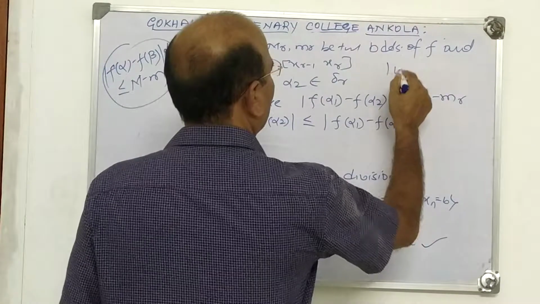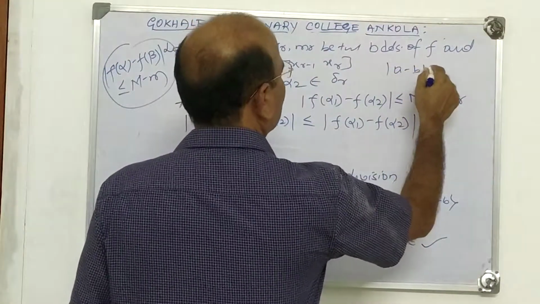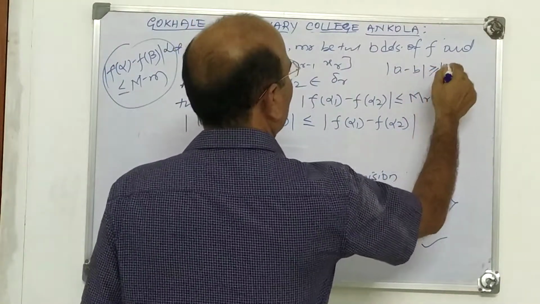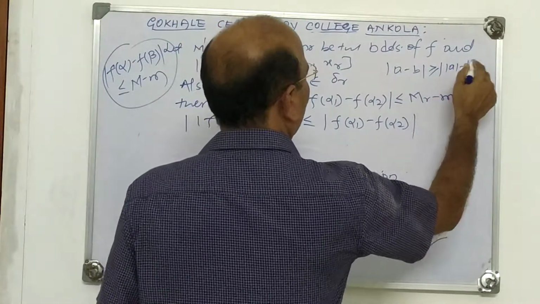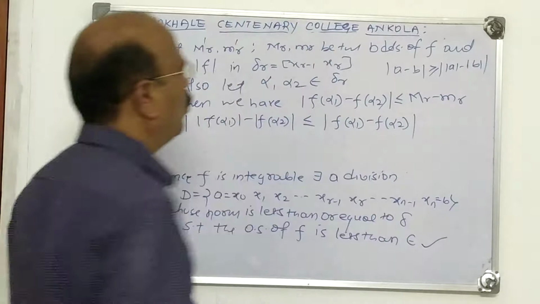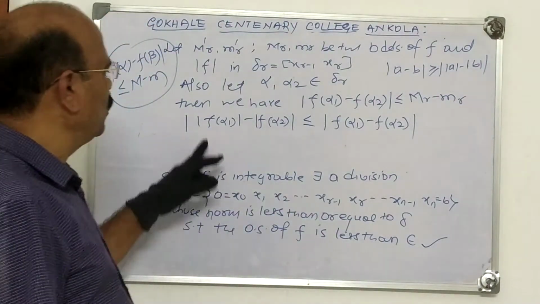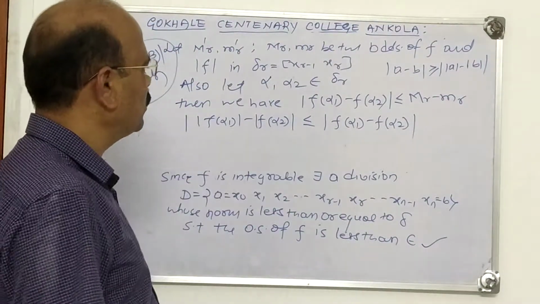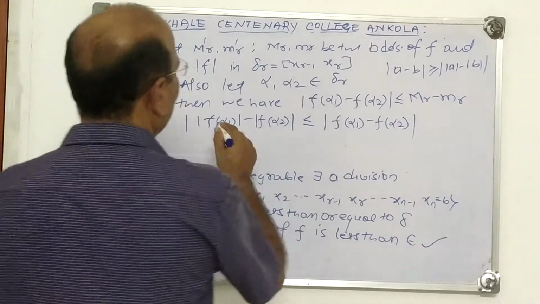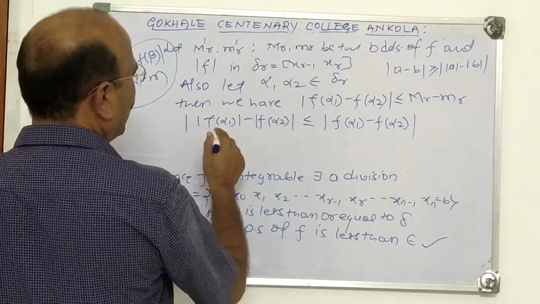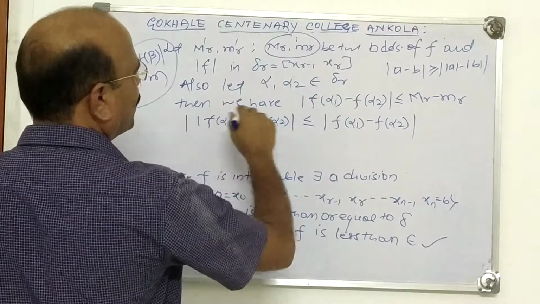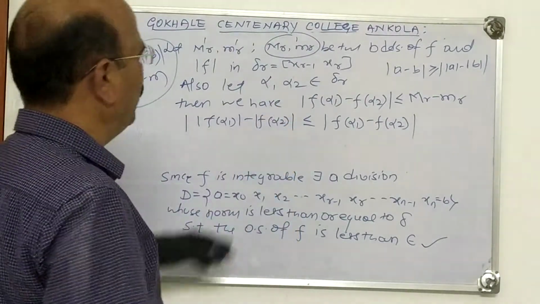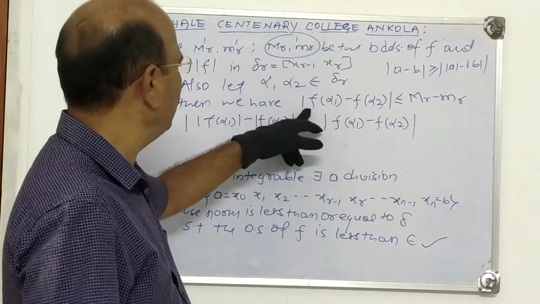Recall that mod of a minus b is greater than or equal to mod of mod a minus mod b. Now here, what are the bounds of mod f of alpha 1 minus f of alpha 2? They are Mr minus mr.